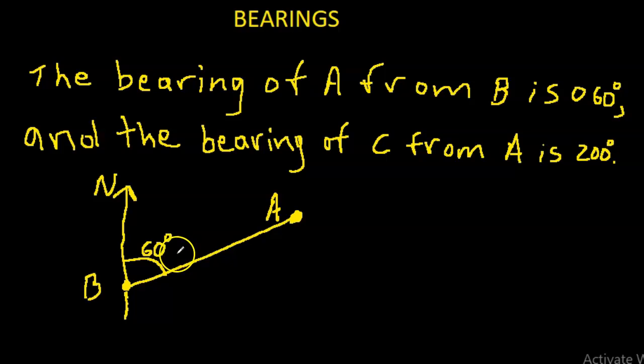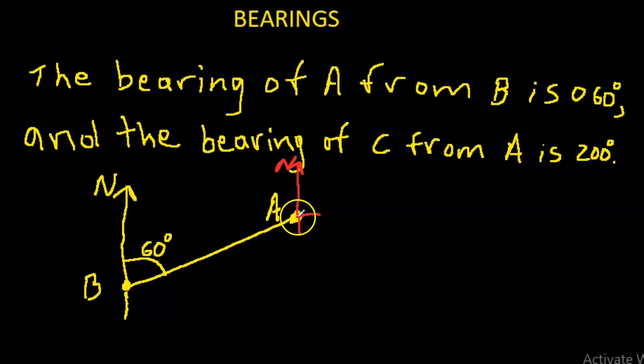And the bearing of C from A is 200 degrees. So the second part, the bearing of C from A, you're coming from A, so wherever you're coming from, you put a line there going to the north. Technically it's from the north of A. It's 200 degrees. So here, that's 90, that's 180.